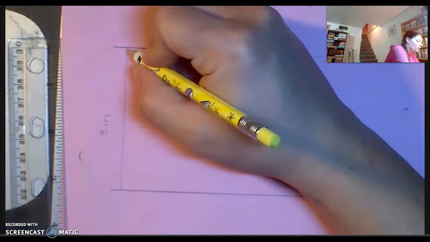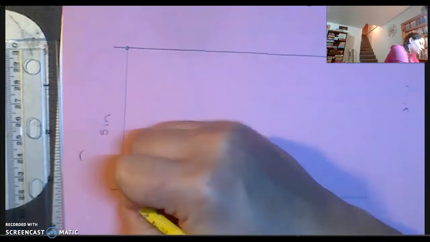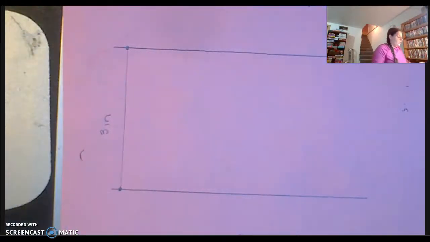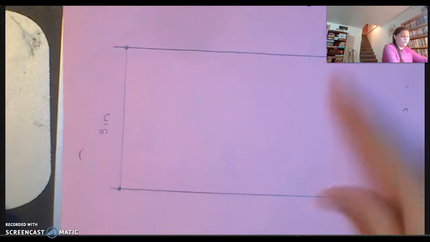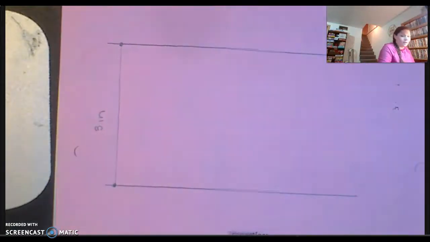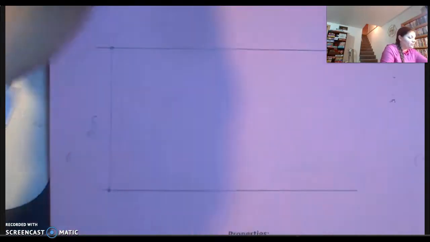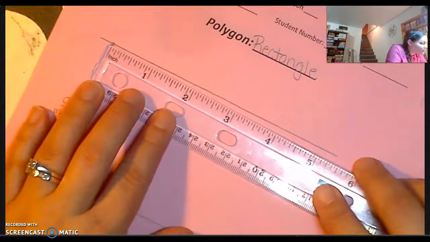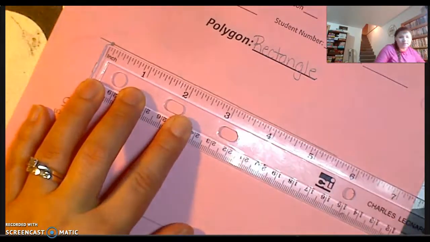Now I'm going to go ahead and put a point right there where those two lines meet. And my next step is to form my last line. If I can pick up my ruler, I'm going to measure and find where this makes 4 inches here.